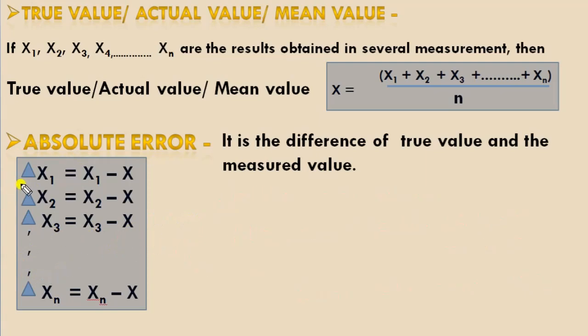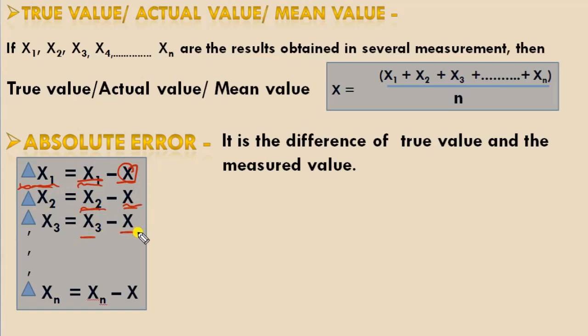Suppose that while measuring a quantity, the true value of which is x, you got a measurement x1. Then the absolute error would be x1 minus x, measured value minus true value. Again, if while measuring the same quantity you got a measurement x2, then your absolute error would be x2 minus x, again measured value minus true value.